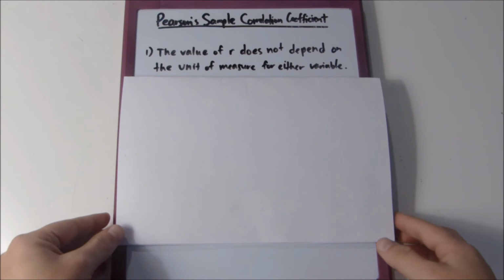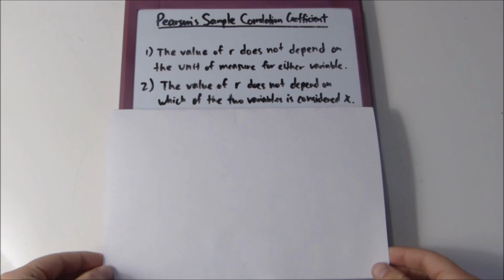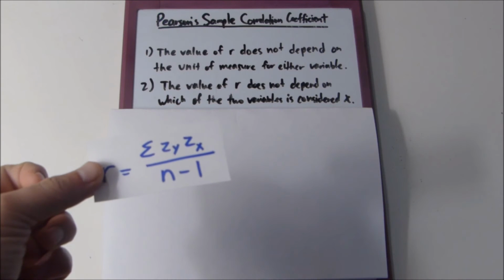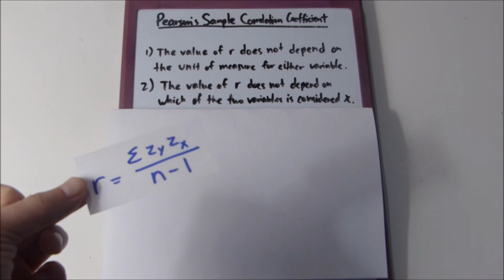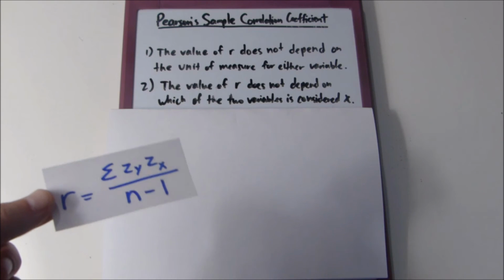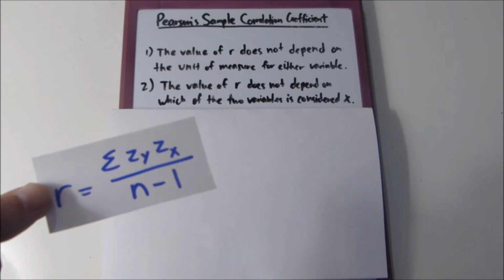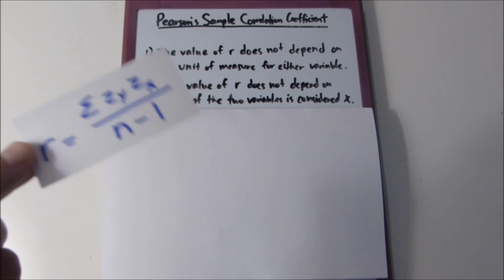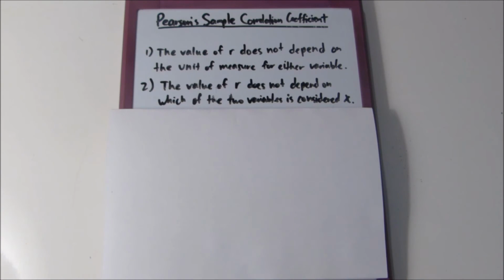Our second property is that the value of R does not depend on which of the two variables is considered x. As you'll notice in our equation, this multiplication here could flip. It could be either one, right? 4 times 2 is the same thing as 2 times 4. It doesn't matter at all.